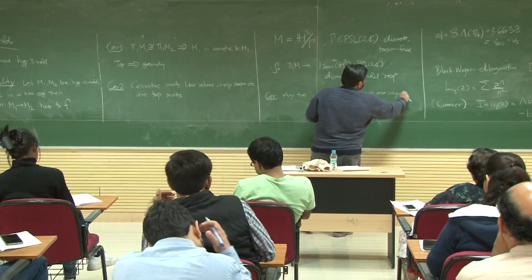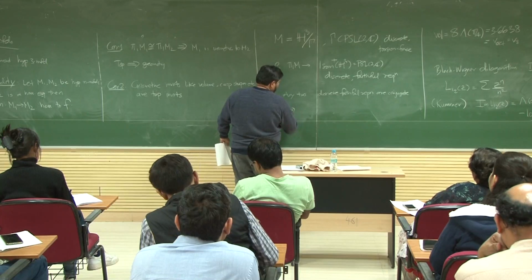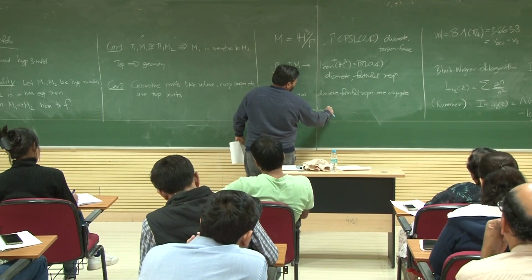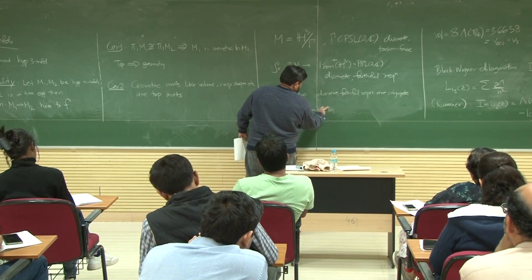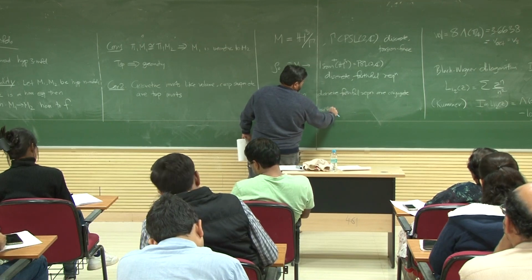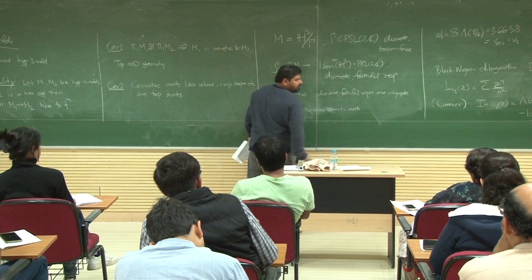So this also has consequences for invariants. This will give us number theoretic invariants, or I should say arithmetic invariants, like trace fields and so on.